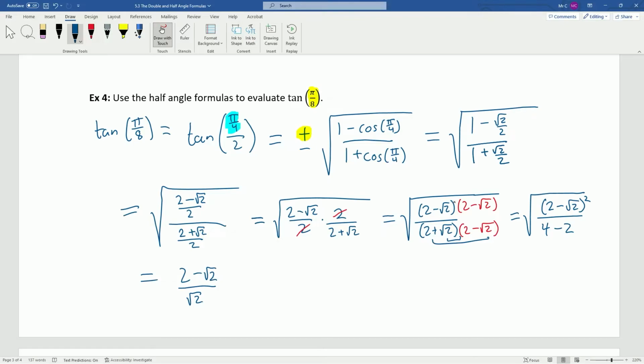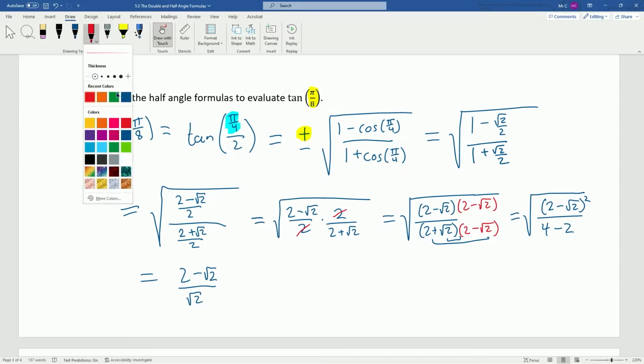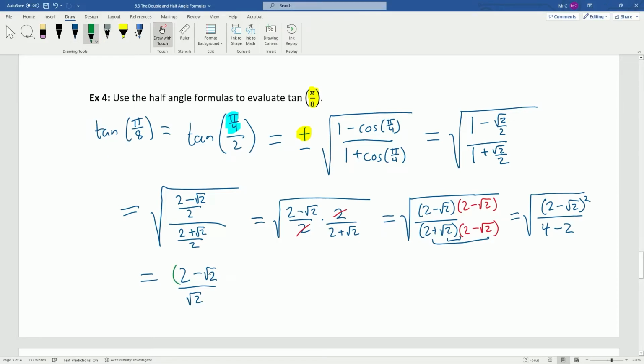If I had multiplied all this stuff out, I never would have seen that this is just this number squared, and then that would have caused me a lot more difficulty. It actually becomes pretty much unsolvable at that point. Okay, so now that I've gotten rid of this outer square root, now I can just do another bout of normal rationalization. So I multiply the top and bottom by the square root of 2 on both.